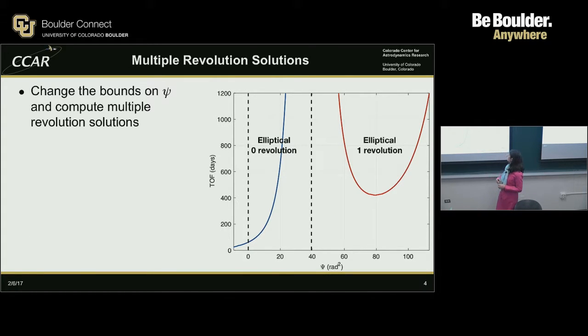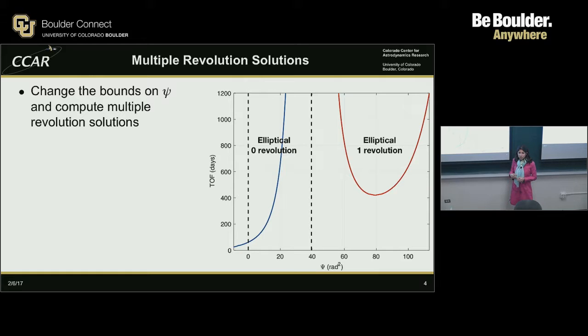So this is what we're looking at. If we extend our plot, let's think about it. If we have a bound, single-revolution transfer, how many degrees is that? 360, right?